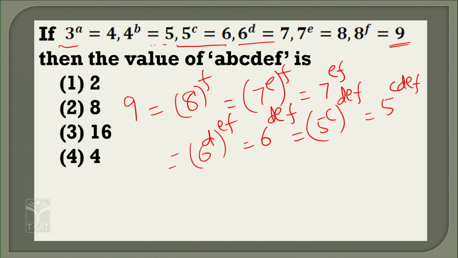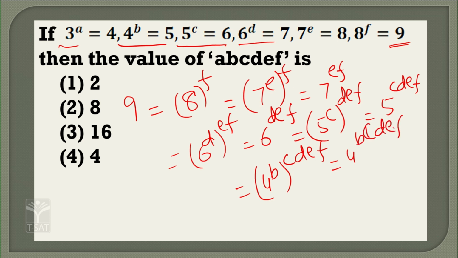But what is 5 equal to? 4 power b. So 4 power b power c d e f. So it becomes 4 power b c d e f. But 4 is 3 power a. So it is 3 power a whole power a b c d e f. So it is simply 3 power a b c d e f.